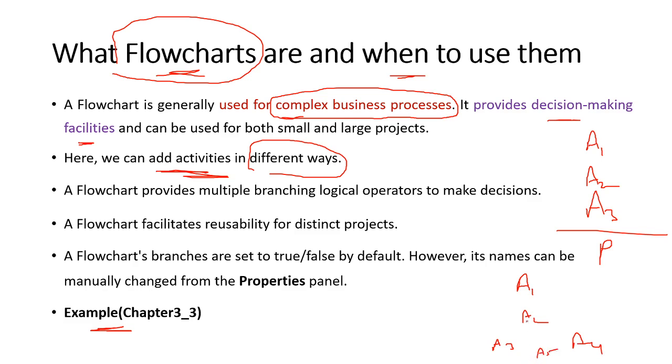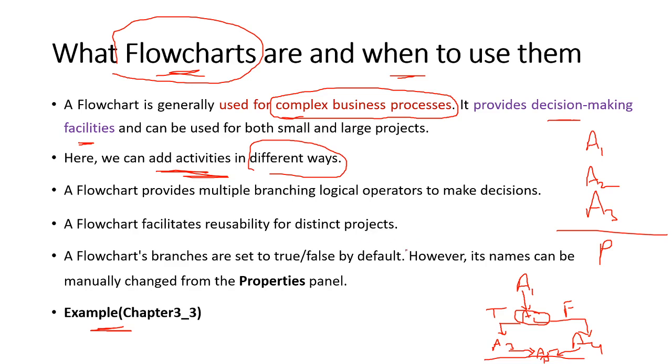And the process has to be executed like this. First A1 has to be performed, then it has to check the condition specified in A2. If it is true, then perform action A3. If it is false, then perform action A4, right? After performing A4, come back to A5. After performing A3, come back to A5, so that your task or process will be completed. This is what he is telling.